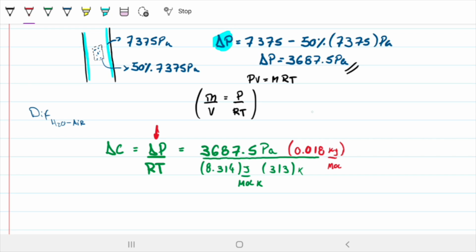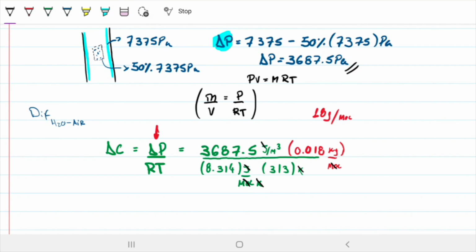So we know that for every mole of water molecules, we're going to have 18 grams. So multiplying that by 18 grams divided by 1,000 to get kilograms instead of grams, right? And we know that pascals can be converted into the same thing as joules per meters cubed, which allows us to cancel out the joules, the Kelvins, and the moles, right?